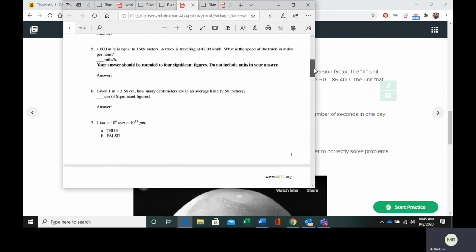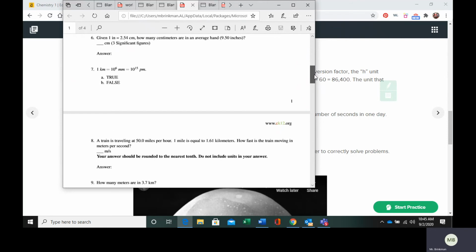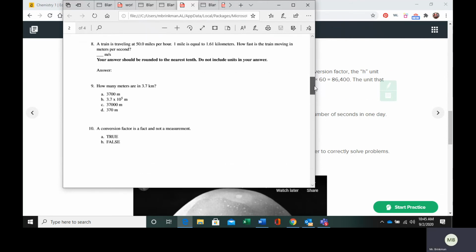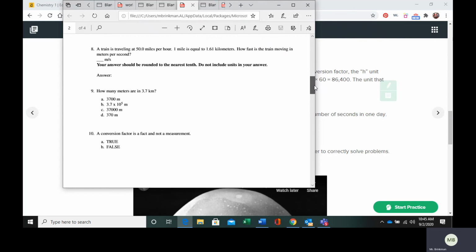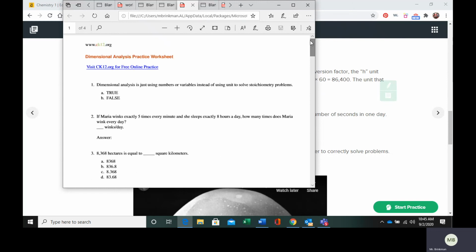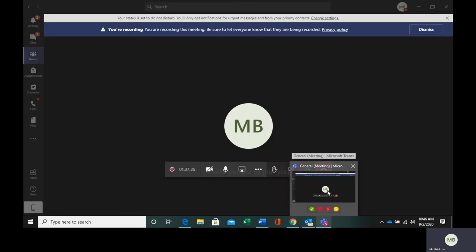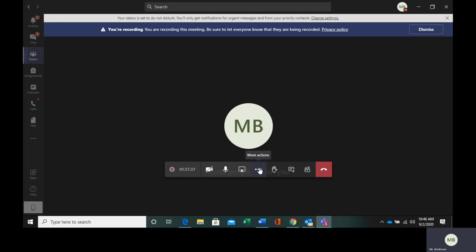Most of them give you the conversion factor. If you get a conversion for the metric system, just remember it's powers of 10, and you can also look that up. That was in our metric prefixes section. So make sure you complete those questions and turn them into me.